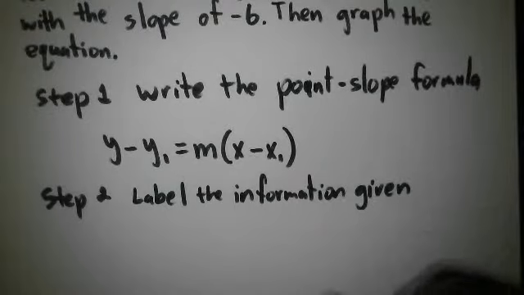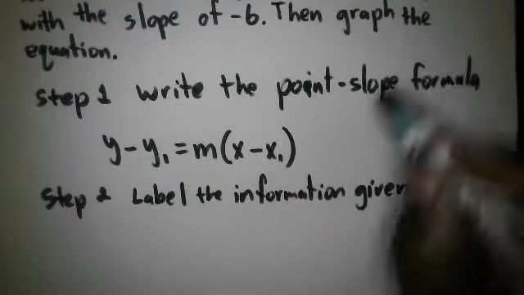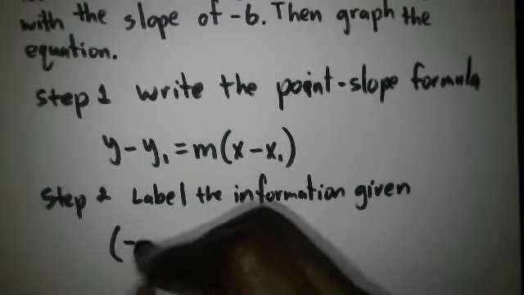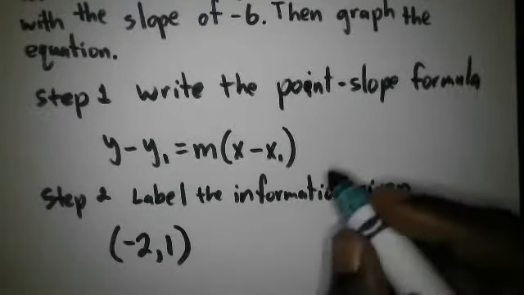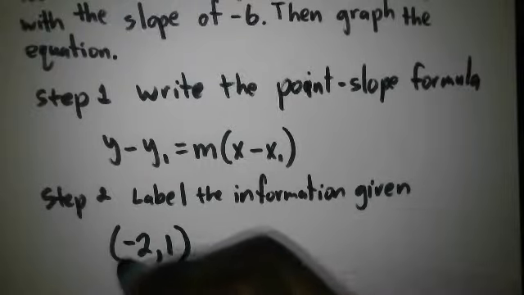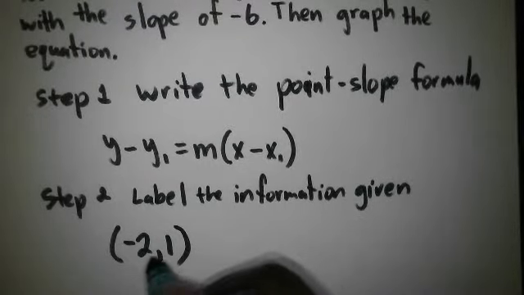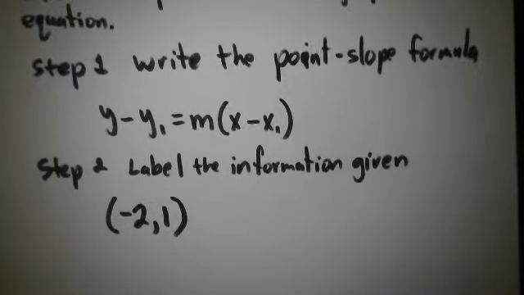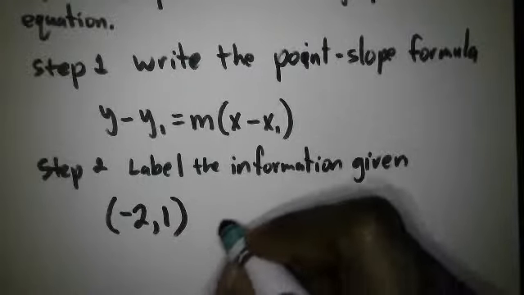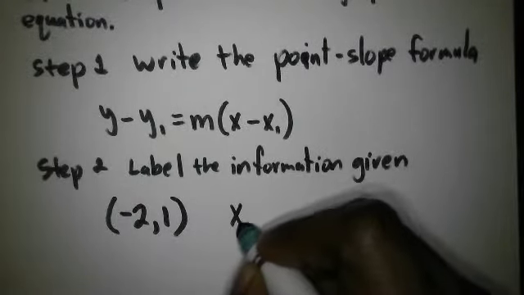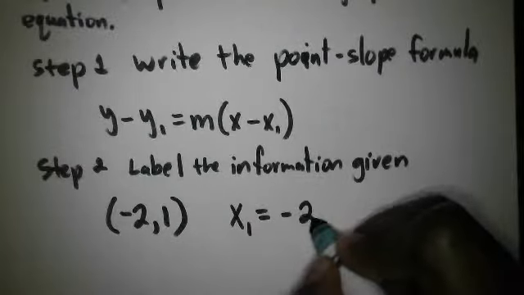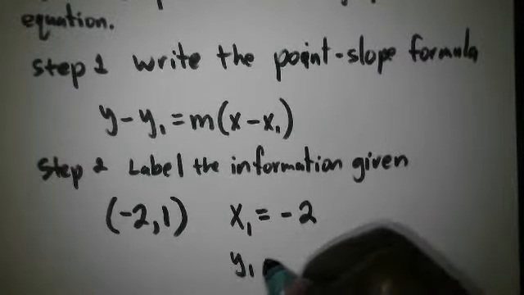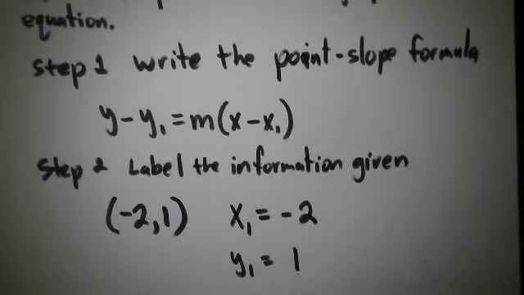Now for this particular problem, they gave us a point, and that point is -2, 1. That's the coordinate point. They also gave us slope. So first of all, let's look at the point. Since the point is -2, 1, that means my x1 is equal to -2, and my y1 is equal to 1.